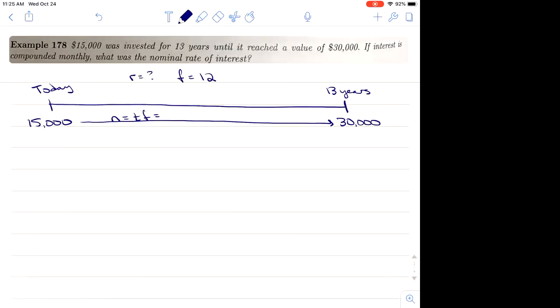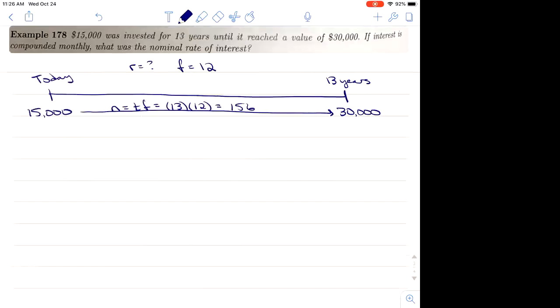The time in years is 13 times 12, which is 156. So what we have to do is first solve for I, and then we can solve for R. So this is our done timeline.